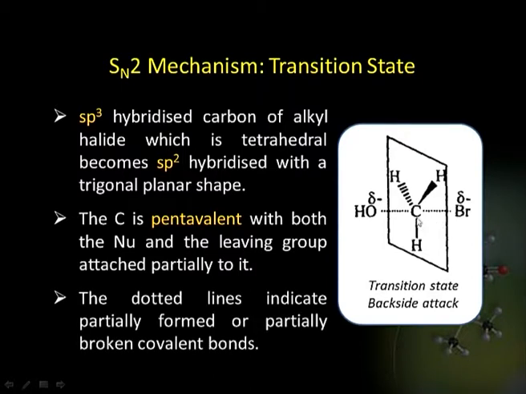The dotted lines in this particular transition state, as you can see, these two dotted lines depict the partially forming bond, and this is the partially breaking bond. So, this is the transition state of the SN2 mechanism.